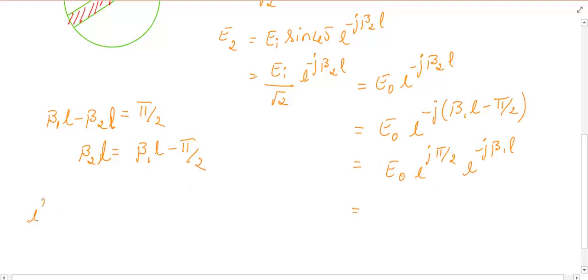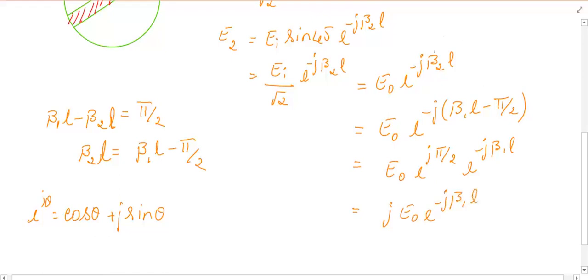We know that e to the power j theta is cos theta plus j sine theta, right? In a similar way, if I substitute theta as pi by 2, then cos pi by 2 is 0, sine pi by 2 is 1, so what remains is j. So this can be written as j E naught e to the power minus j beta 1 L.